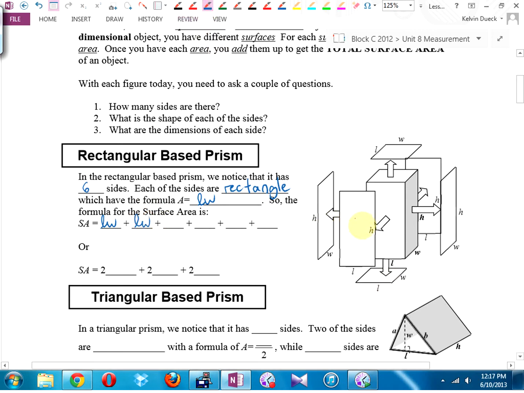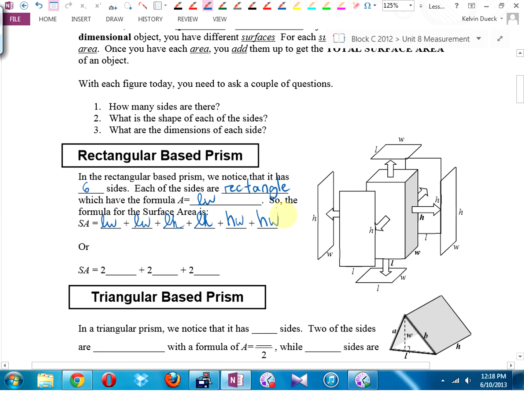What's the area of the front side? LH, right? And what's the area of the back side away from us? Also LH. And what's the area of the left and the right sides? Each one of those is HW.